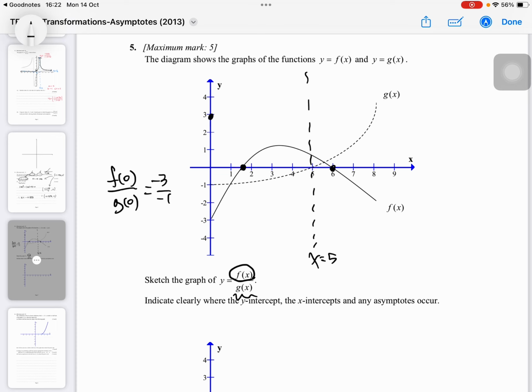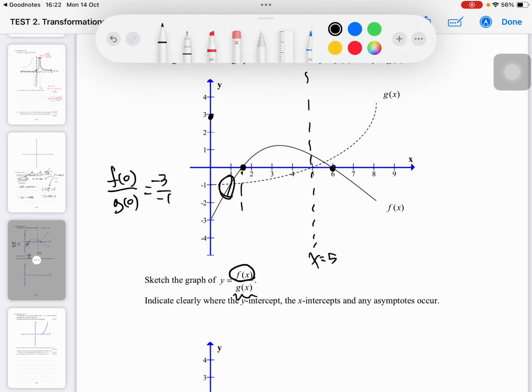Makes sense because in this part, they have the same sign. Both of them are minus, so negative. Which means when we divide negative over negative, then it becomes positive. So this becomes like this. And this one, positive and negative, becomes negative.